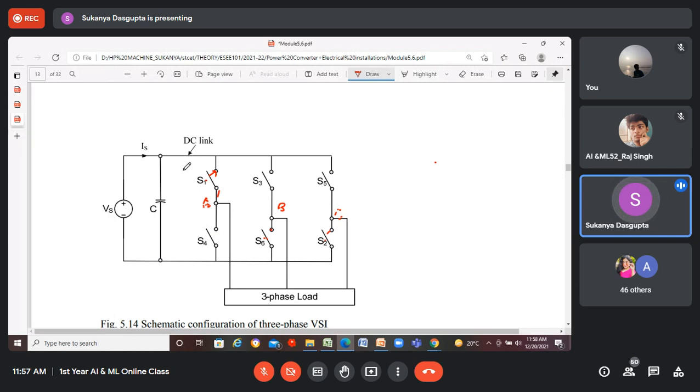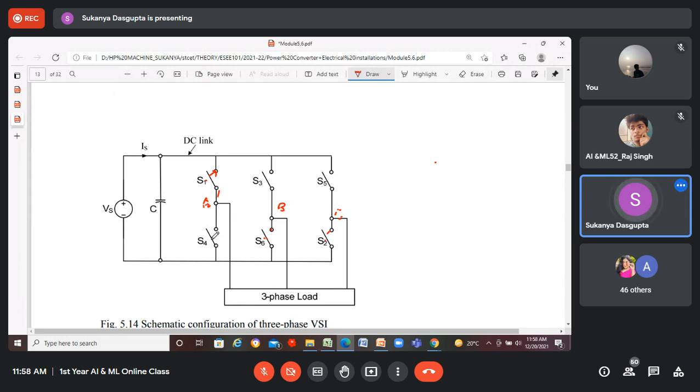That means whenever switch 1 is working, switches 6 and 2 must be working together to provide the path for the current to flow from positive DC to negative DC.